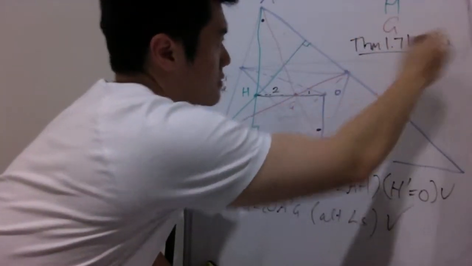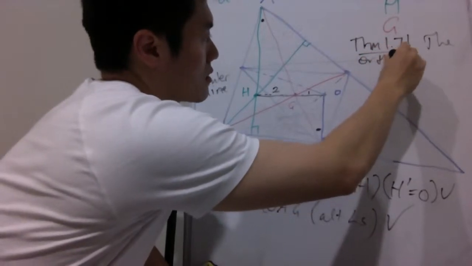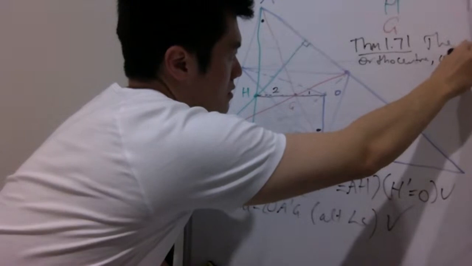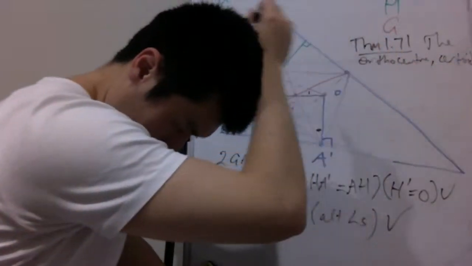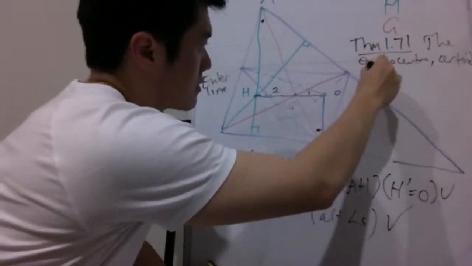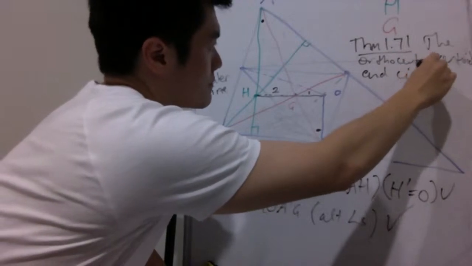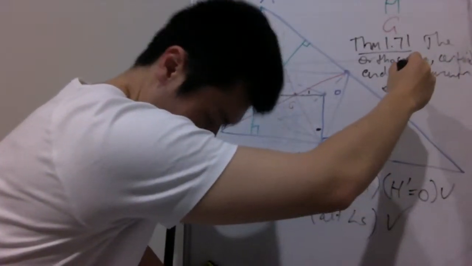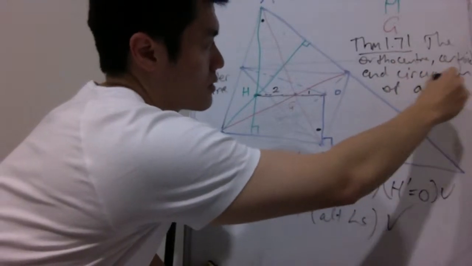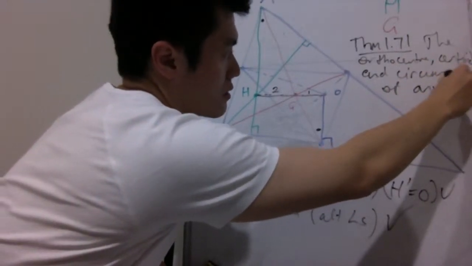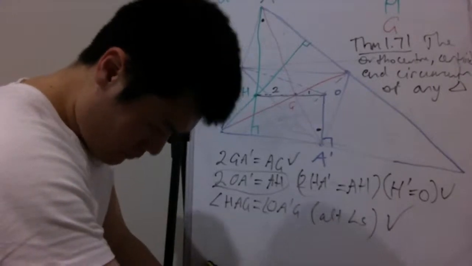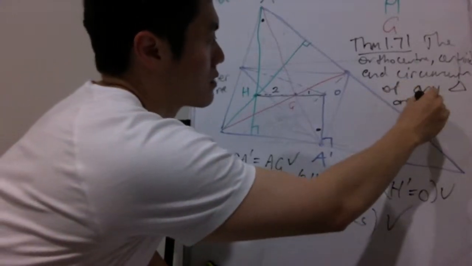The Orthocenter, Centroid, and Circumcenter of any triangle. We didn't prove that, by the way. You notice that? Oh, G. And also collinear.